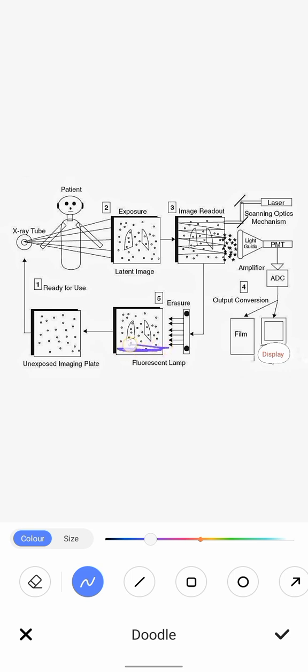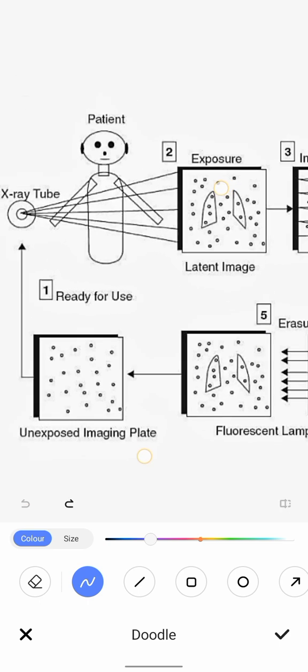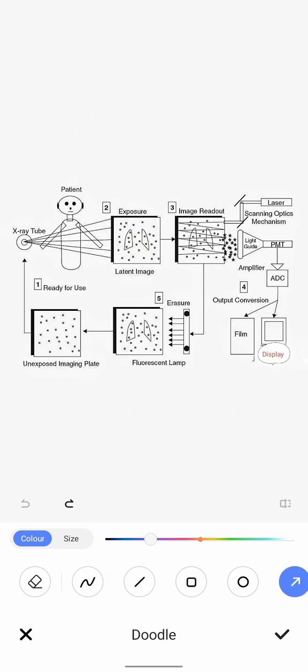Okay, when all the electrons are at the ground state, it means there is no information. All the information which had been stored before on the imaging plate is lost. Okay, and again we can use that imaging plate for another exposure. So this was the whole process.